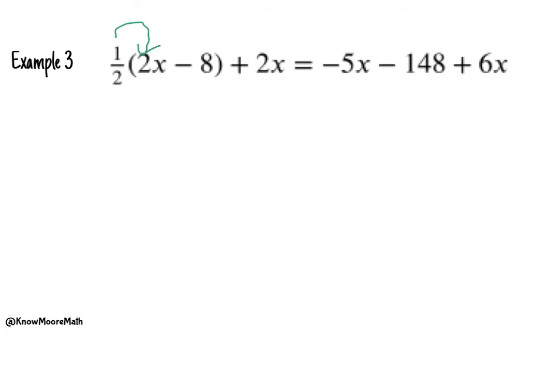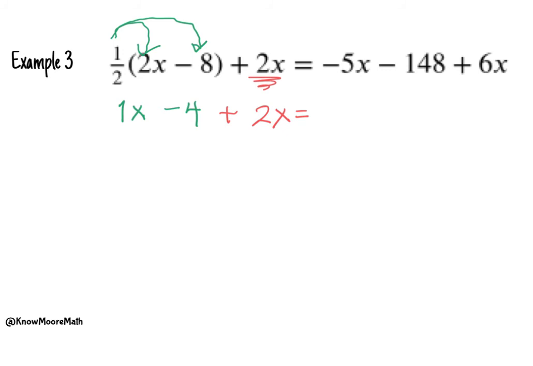So what is half of 2x? Well, half of 2 is just 1. And what is 1/2 of negative 8? That's negative 4, right? And then I'm going to go ahead and bring down this 2x.